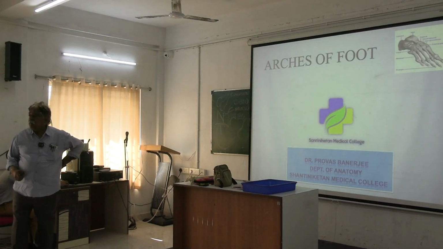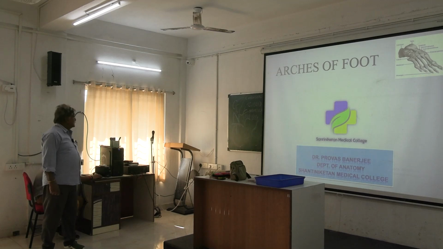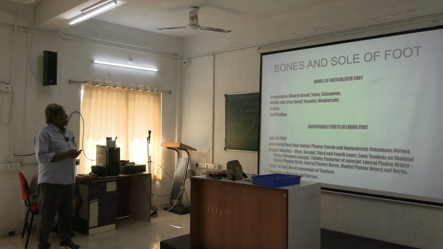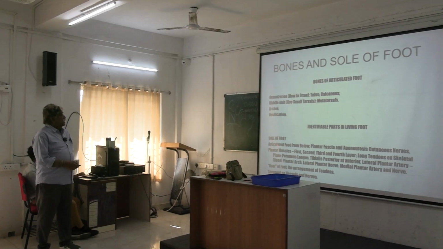Now the arches of the foot. Next, ball. Next. Now, how to draw organization, bones of the articulated foot organization, how to draw talus, calcaneus, middle unit, 5 small tarsals and metatarsal arches, ossification. Identify parts in the living foot.